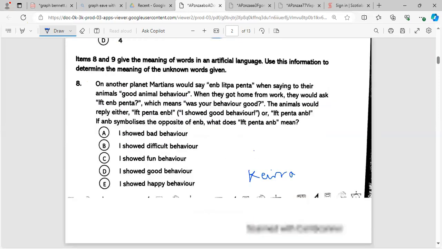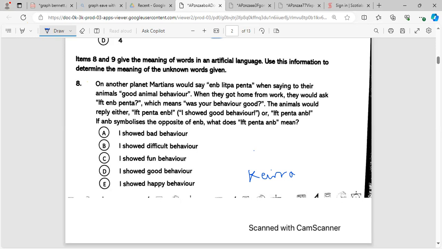Who is up next? Kira, you're next. Items 8 and 9 give the meaning of words in an artificial language. Use information to determine the meaning of the unknown words given. On another planet, Martians would say Emb Litpa Penta when saying to their animals, good animal behavior.